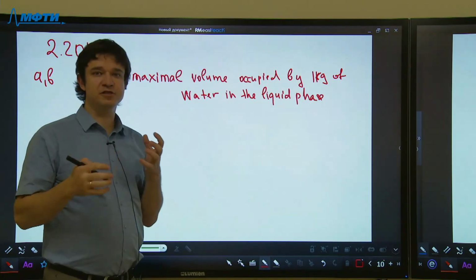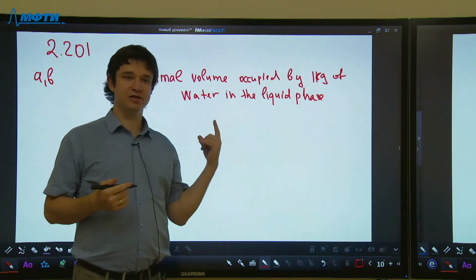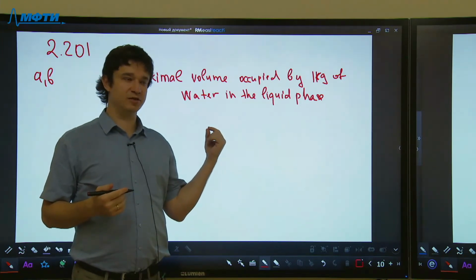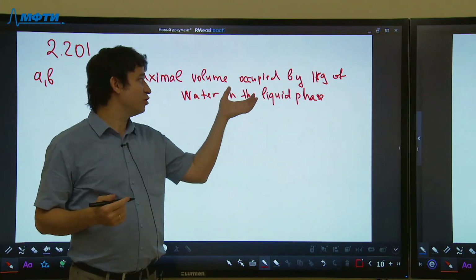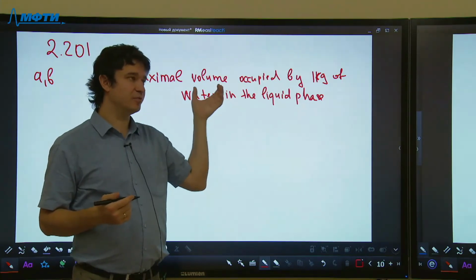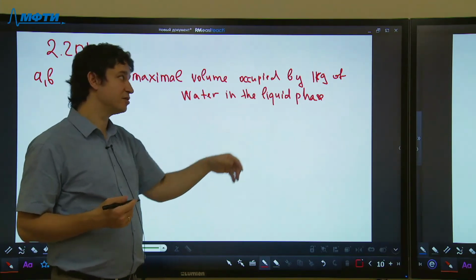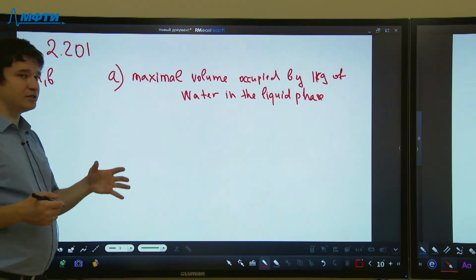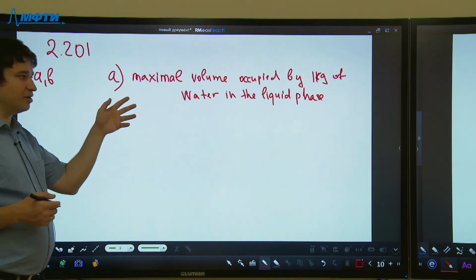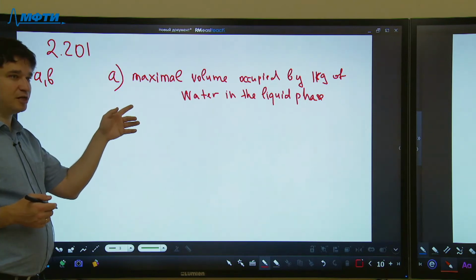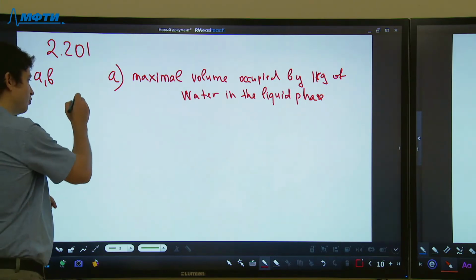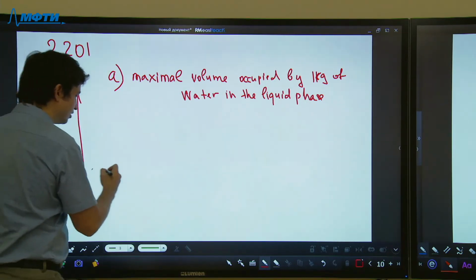Kind of a sophisticated formulation here, very sophisticated. So maximum volume occupied by 1 kilogram of water in the liquid phase. So it is actually a cryptic message, and this cryptic message is for what?